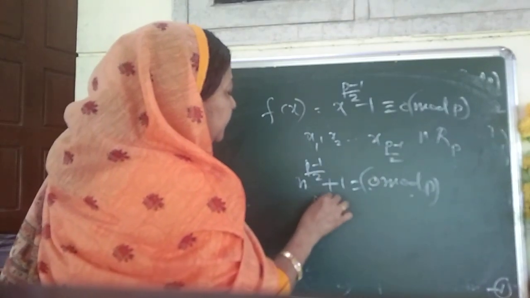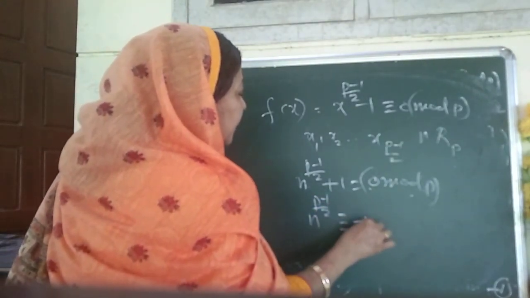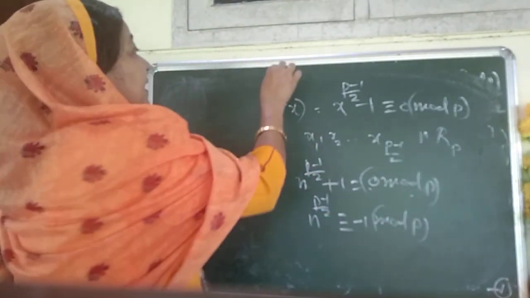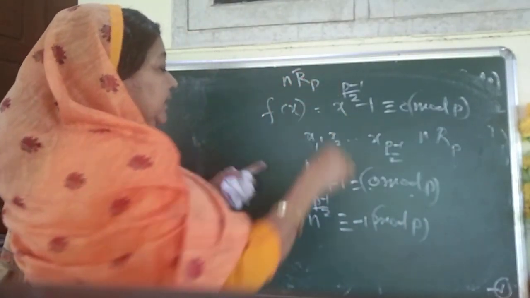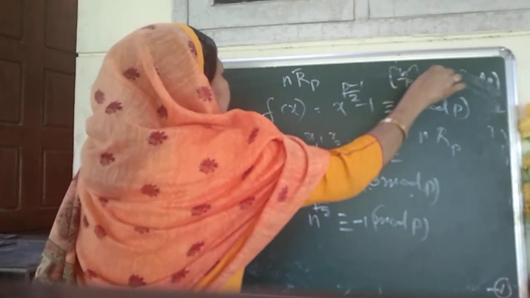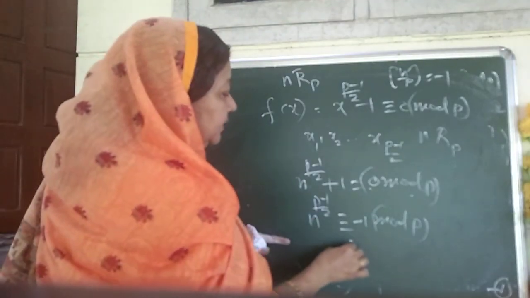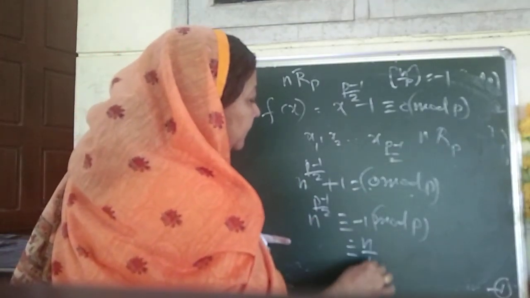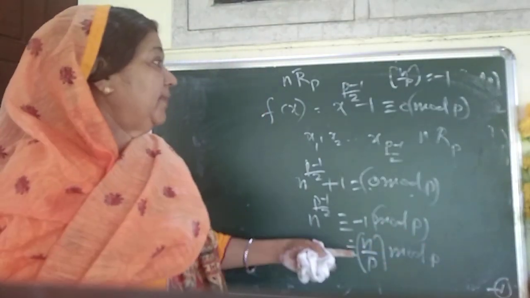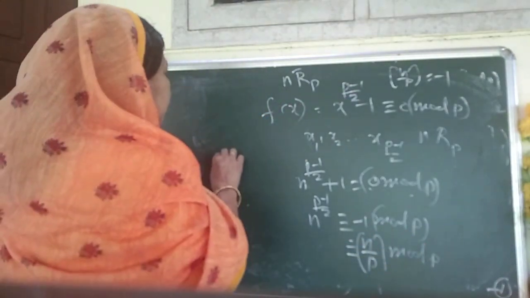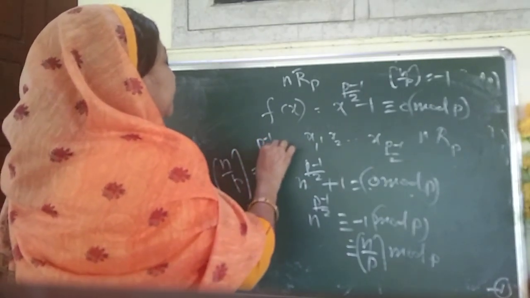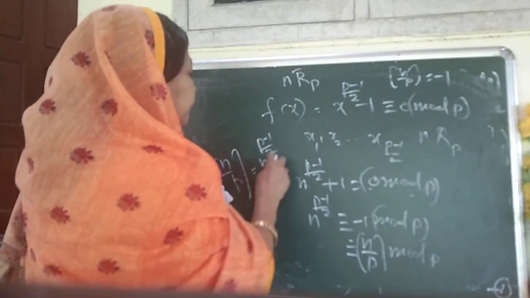That is, n raised to (p-1)/2 is congruent to minus 1 mod p. But since n is a non-residue, minus 1 equals (n/p). Hence, in all cases, the Legendre symbol (n/p) equals n raised to (p-1)/2 mod p.